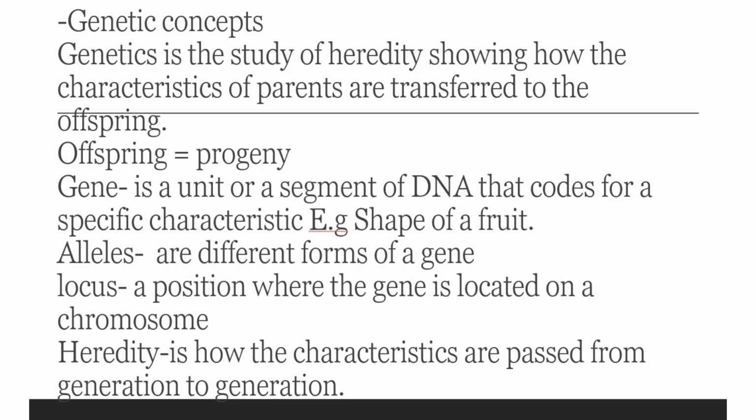Offspring is a progeny. A gene is a unit or a segment of DNA that codes for a specific characteristic, for example, shape of a fruit. Alleles are different forms of a gene. Locus is a position where the gene is located on a chromosome. Heredity is how the characteristics are passed from generation to generation.